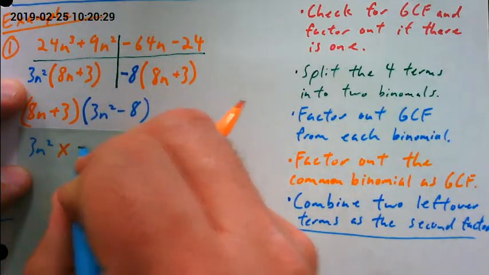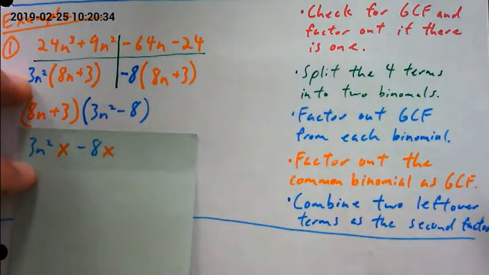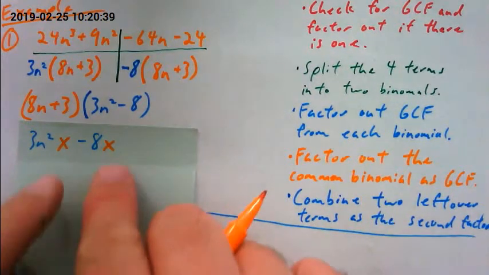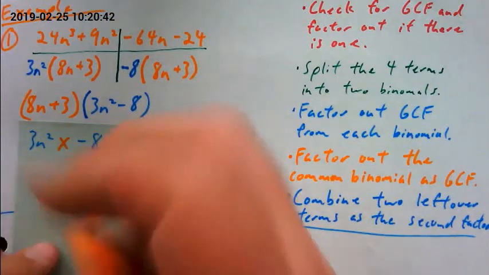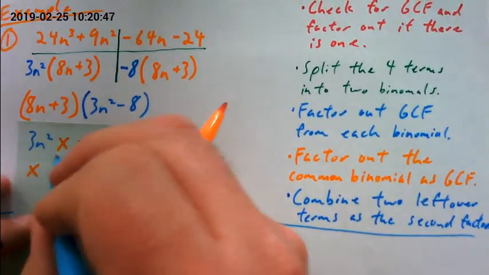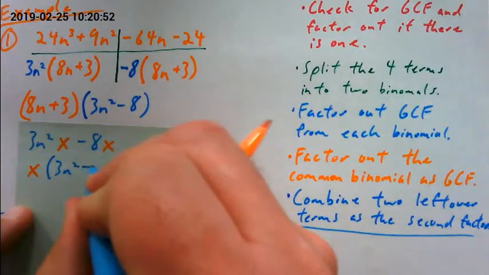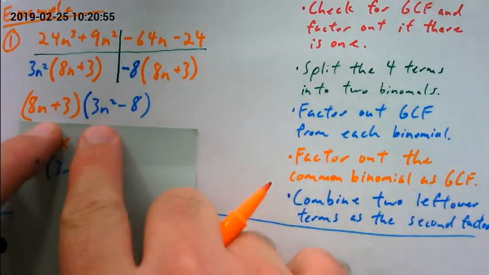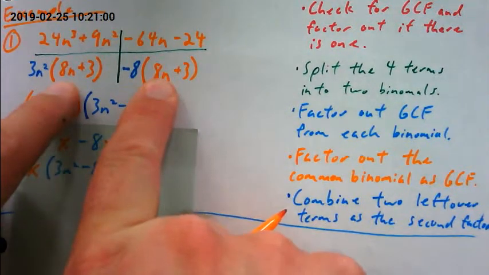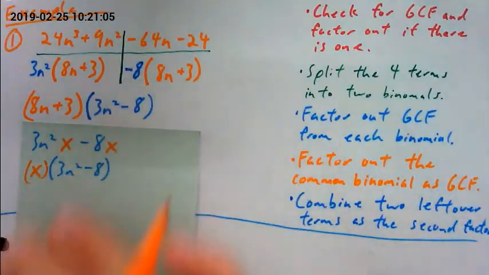And then over here, I had negative 8. Again, that whole thing, since it's the same, is just represented as x. Well, if we were factoring out a GCF, what do we do? We take the common factor out in front, and then what's left over, we divide it off, and what's left over goes in parentheses next to it. That's all we did here. From there to there, we did the same idea. It's just that x is actually an entire binomial. But it's the same concept as what we just did.